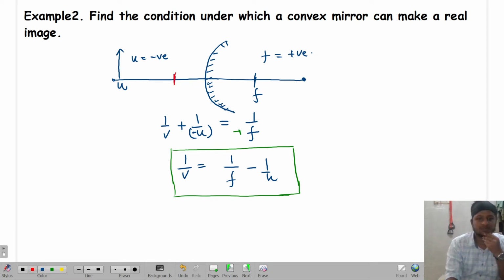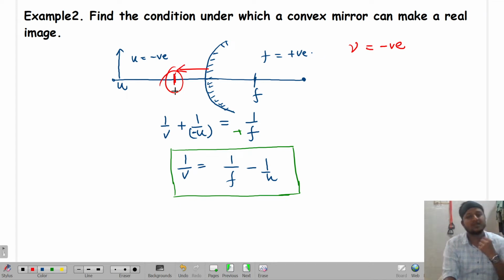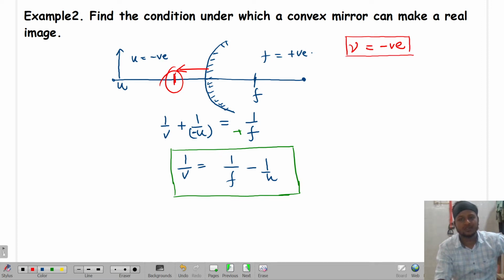If I want to form the real image on this side, then from this formula v should be negative, because the image is created along the left side of the mirror, so the image distance should be negative. That is the first important thing according to this formula.